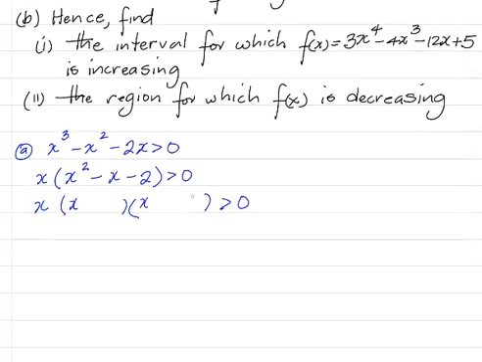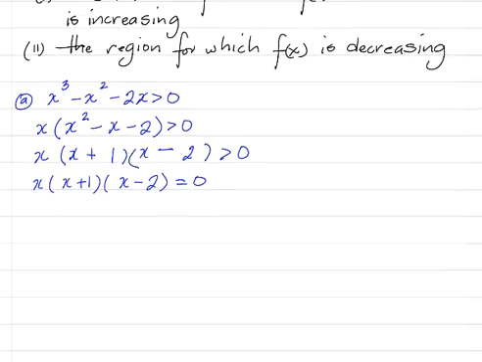I have 2 and 1. One of them must be negative, so this is negative and this is positive. Let's get my critical values: x times (x plus 1) times (x minus 2) is equal to 0.